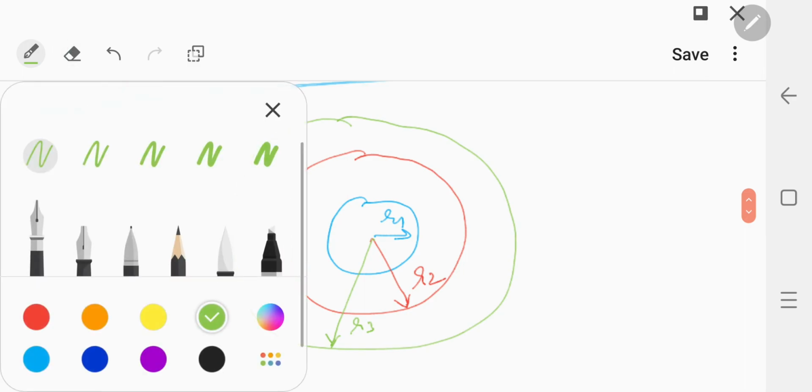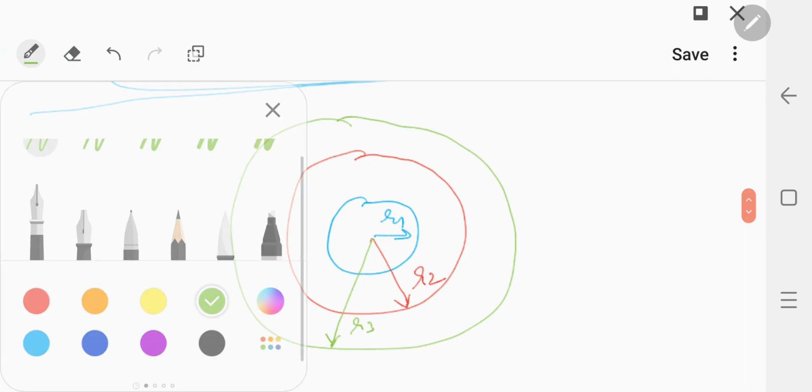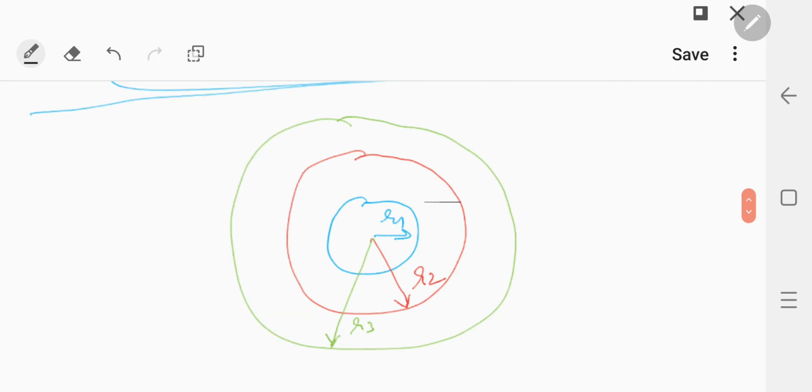Now the temperature over here is T1, over here it's T2, over here it is T3.